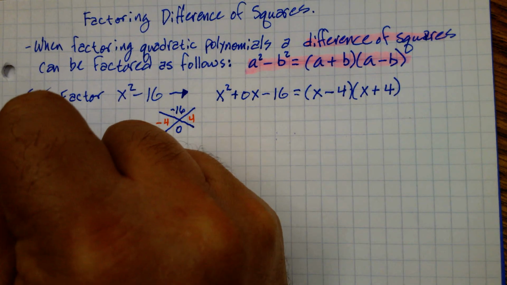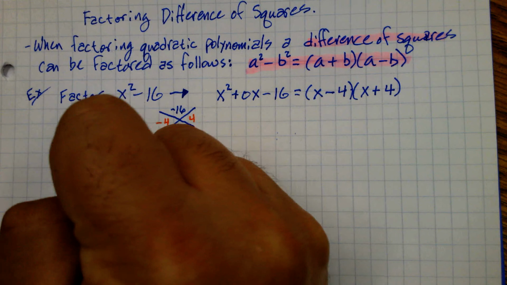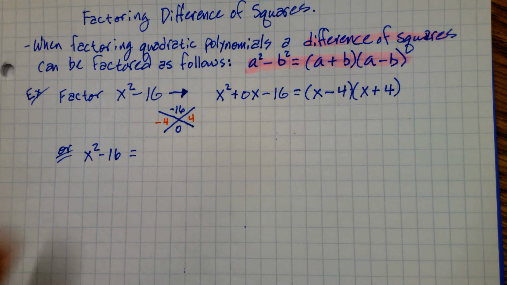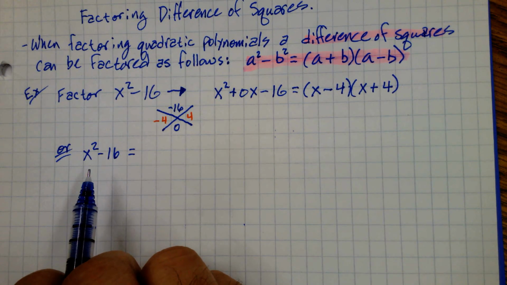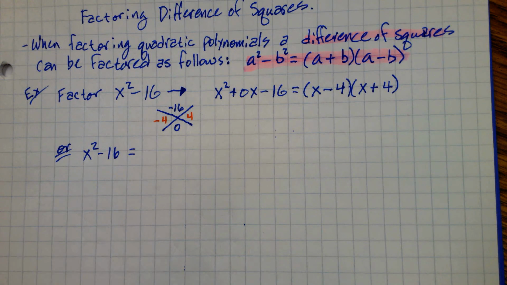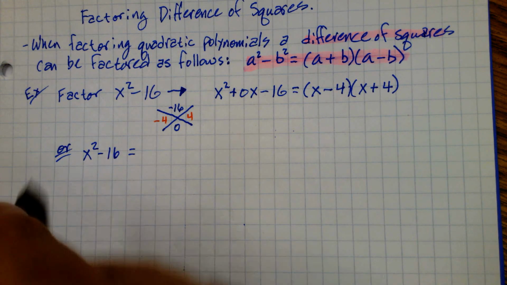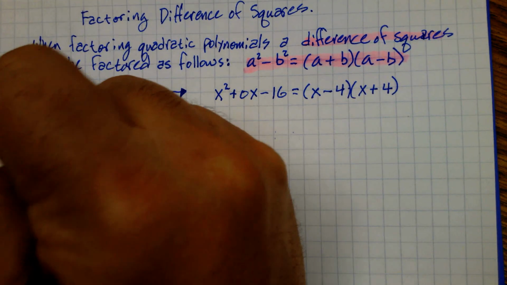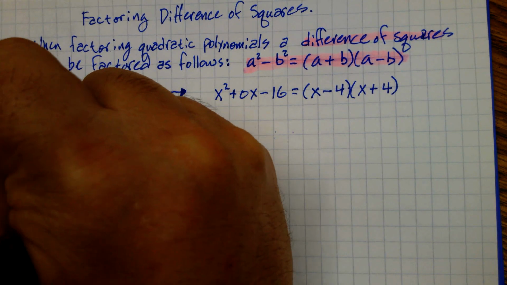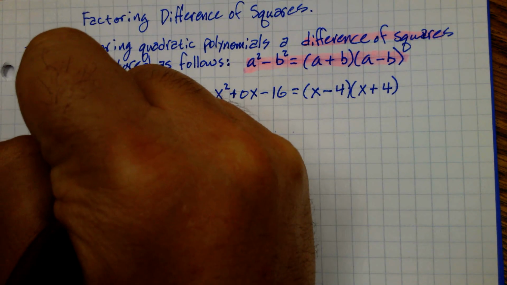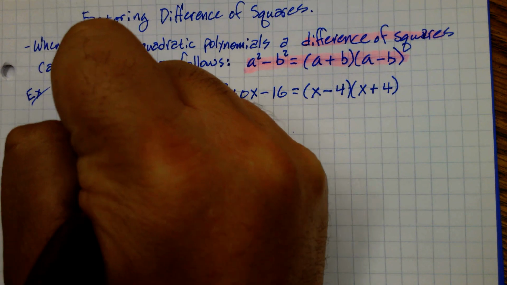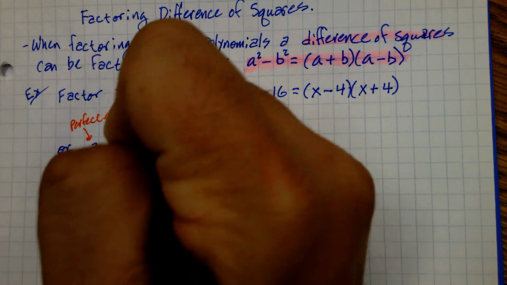So the more efficient way would have been to start with x squared minus 16, and then you say, okay, this is a difference of squares. X squared is a perfect square, and 16 is a perfect square.